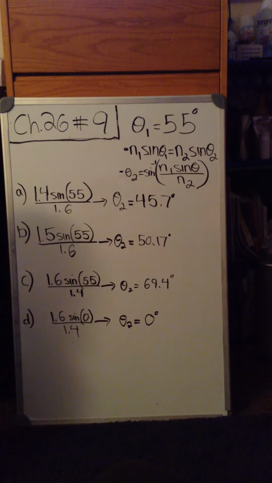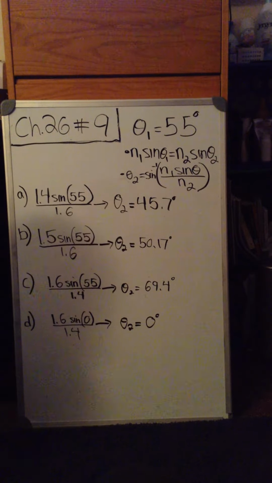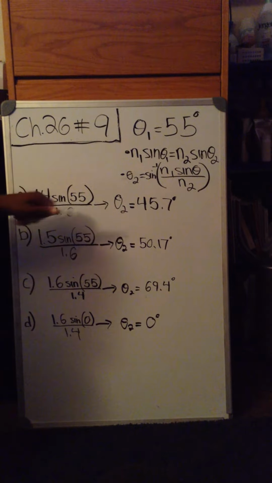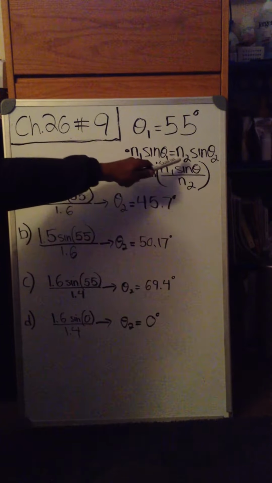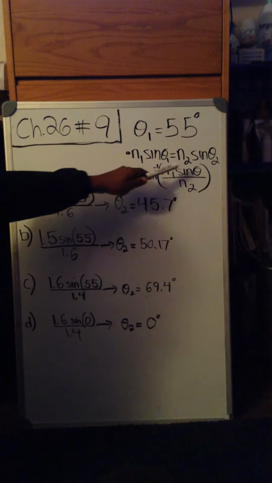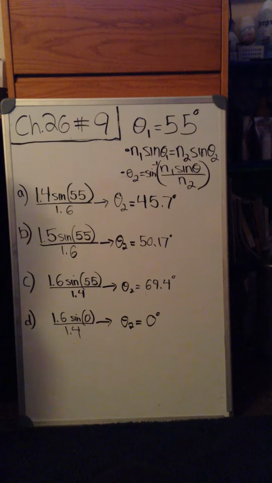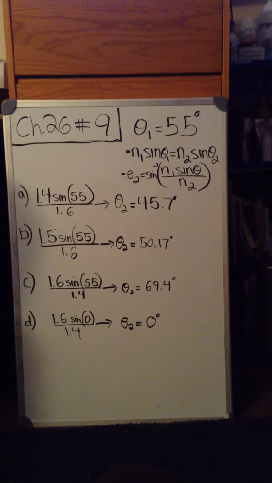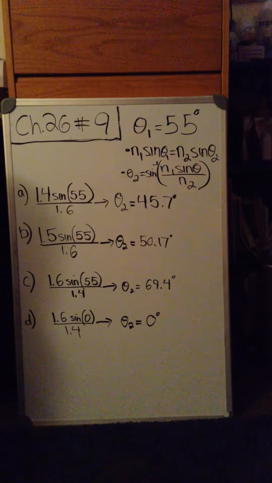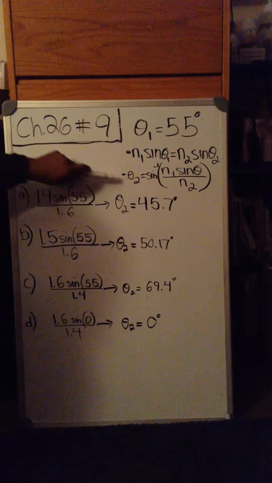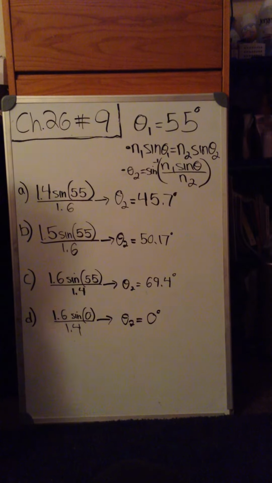More specifically, we're going to be solving for theta 2, so theta 2 would be the inverse sine of n1 sine theta 1 over n2, which we can attain by simply dividing Snell's law by n2 on both sides and then taking the inverse sine to isolate theta 2 by itself. But in terms of solving for the angles in each case, essentially we're just going to take this equation and apply it to each of the 4 pictures.